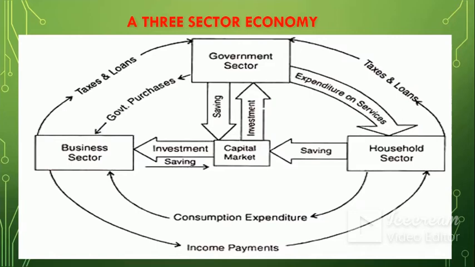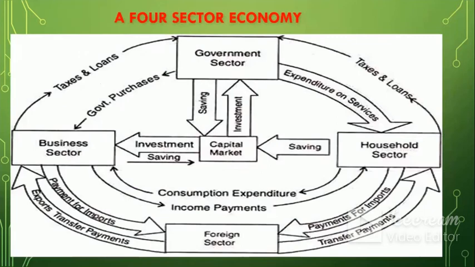From the three-sector economy, now we include the four-sector economy. These three, the government sector, household, and business sector, are still included in the four-sector economy. So the four-sector economy includes the foreign sector. And almost every country in the world is in a four-sector economy.